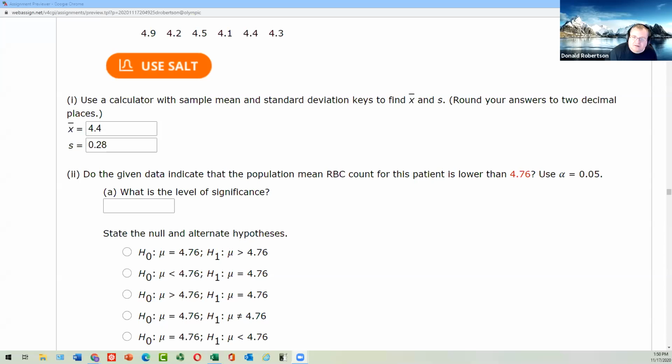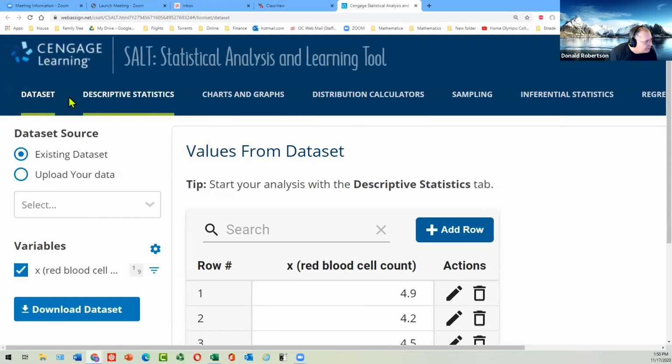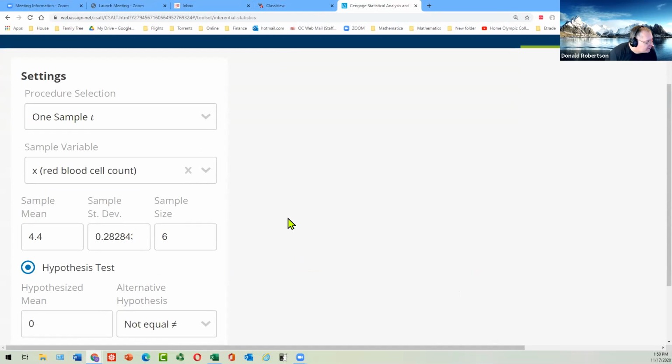So I'm going to go here. I'm going to use SALT again to find the p-value. Now, if you look along the top, you go to inferential statistics, click, and you see it's all set up for us.